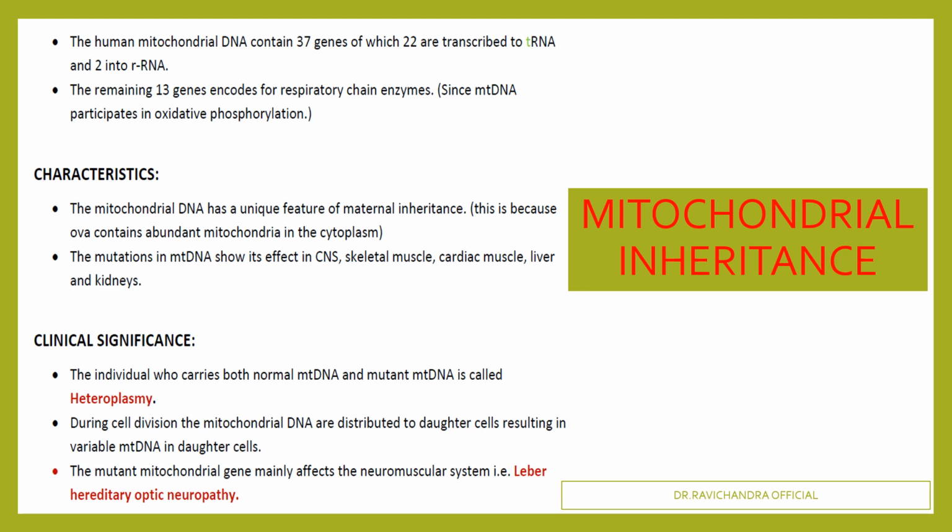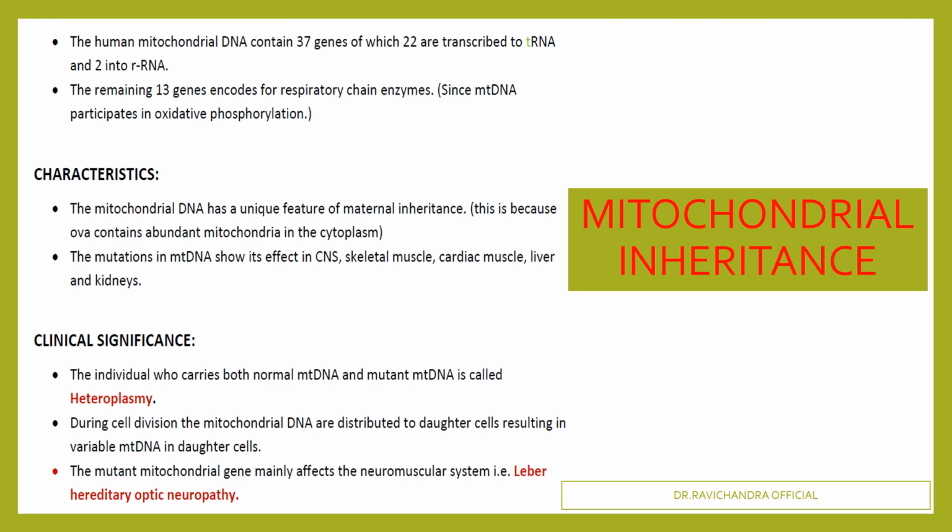Coming to mitochondrial inheritance, the human mitochondrial DNA contains 37 genes, out of which 22 are transcribed to tRNA and 2 are transcribed to rRNA. The remaining 13 genes encode for the respiratory chain enzymes, since mitochondrial DNA participates in oxidative phosphorylation.